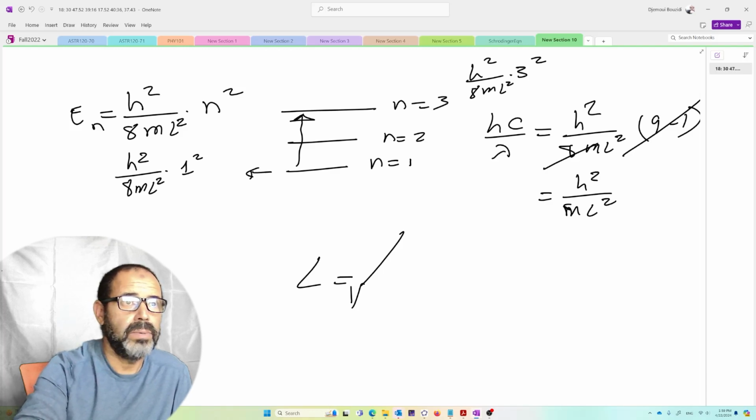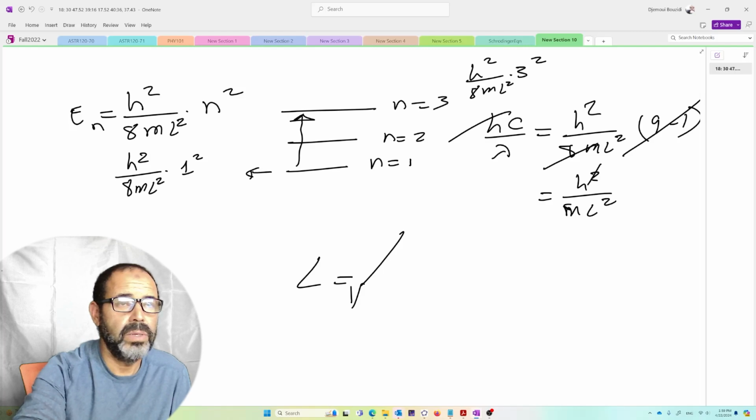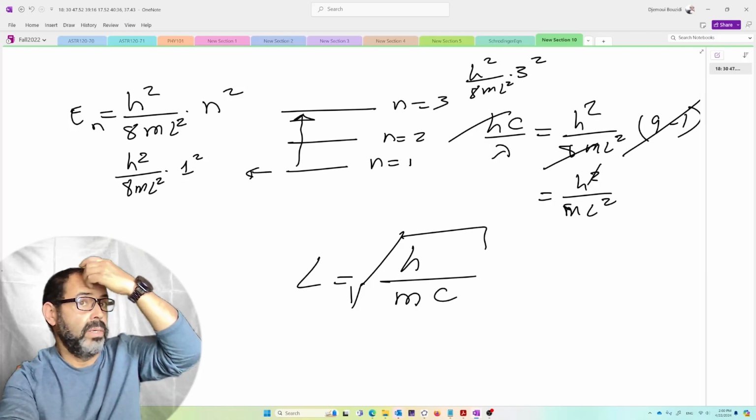L. It's going to cancel one of the h's basically. So it's going to be h in the numerator divided by the mass and the speed of light in the denominator. Do I have anything in here other than the speed of light? Yeah, there is an hc. Kind of curious in here because this is... Am I missing something in the numerator?